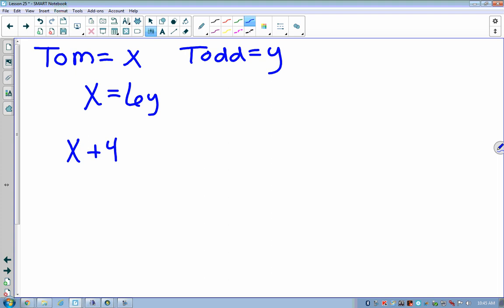Am I subtracting 16 or adding 16 to get it equal? We need to subtract 16 from this side or add 16 to the other side to keep it equal. So 16 years more than 3 times as old as Todd. So 3 what? 3y, or 3 times y plus 4.